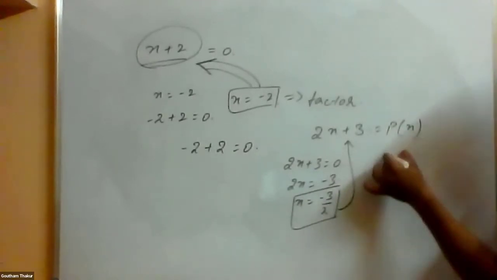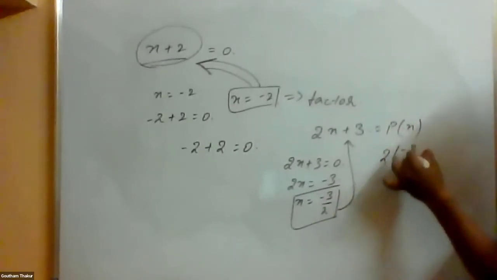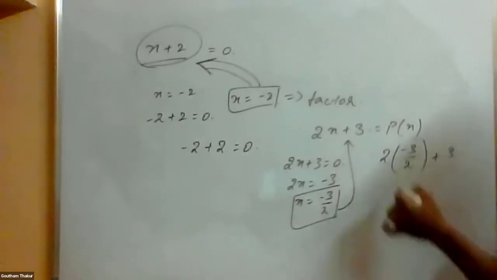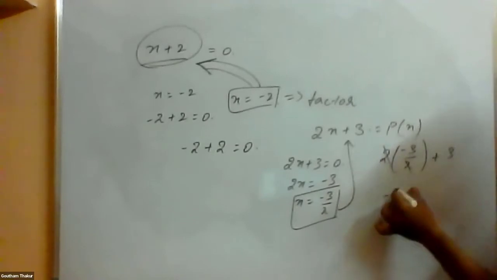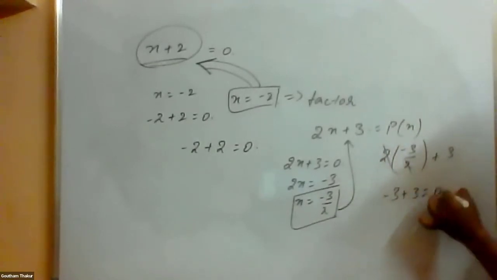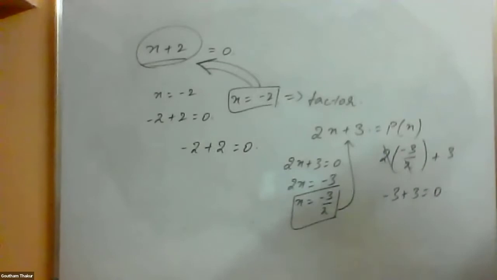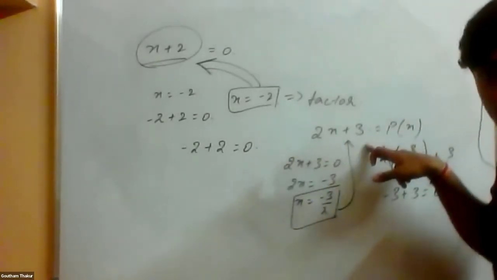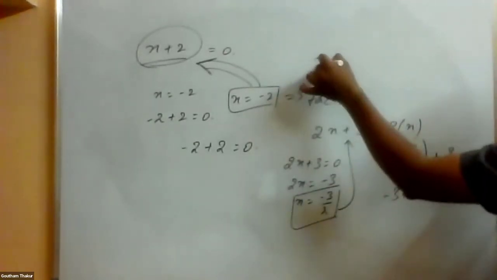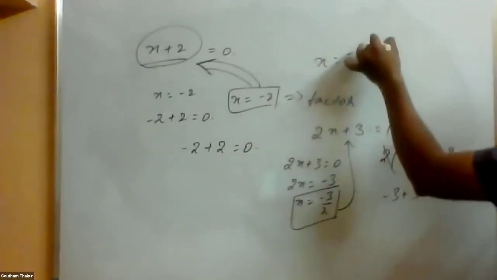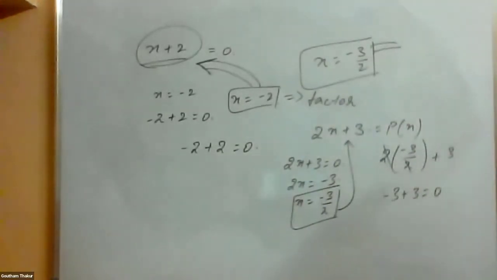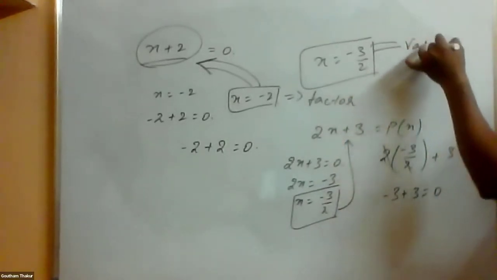What will you get? 2 times minus 3 by 2 plus 3. 2 and 2 get cancelled. Minus 3 plus 3, my value is 0. That means as the value satisfies the given polynomial, x equal to minus 3 by 2 is my answer.